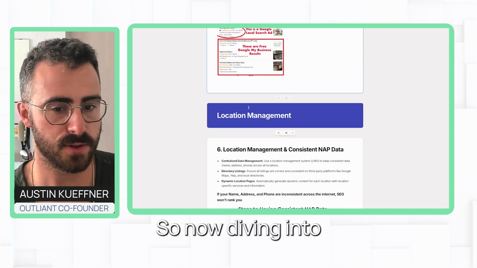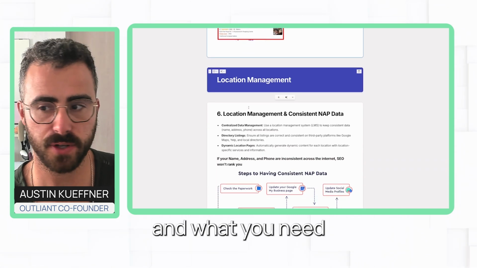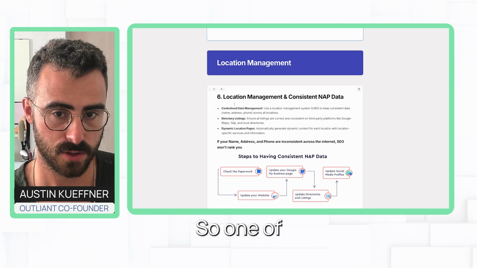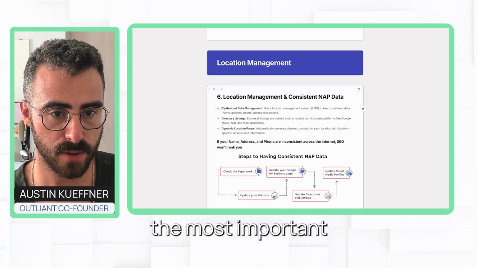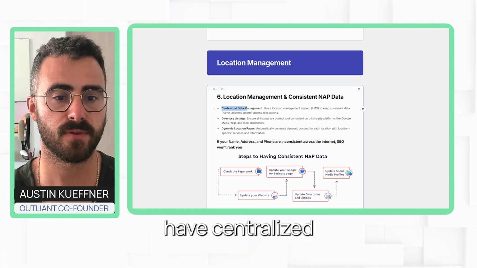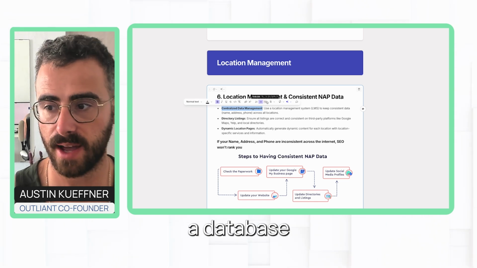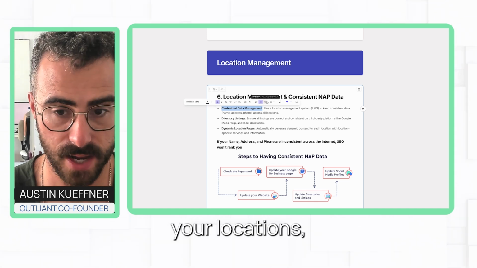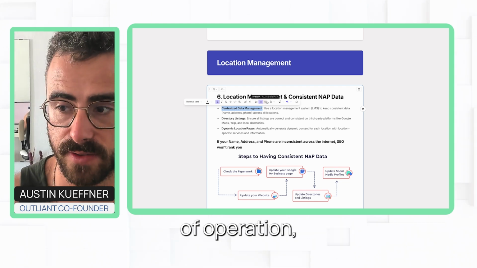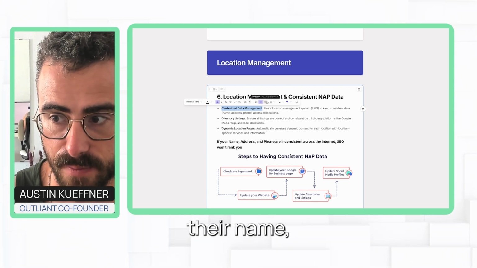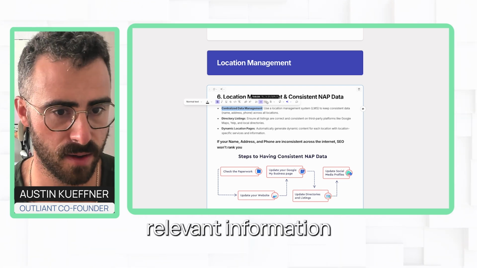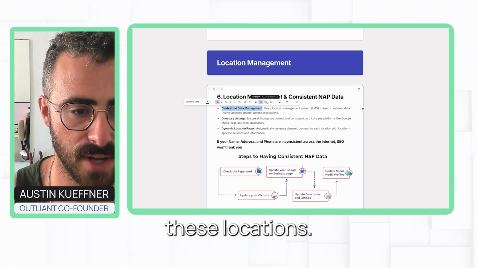So now diving into location management and what you need to do to manage all the locations within your website. One of the most important things is to have centralized data management. You should have a database that lists out all of your locations, all of their hours of operation, their name, their phone number, their address, and all relevant information to each of these locations.